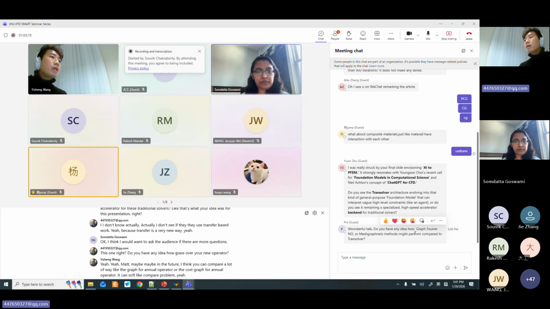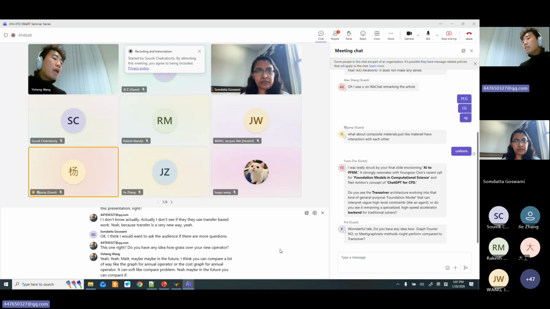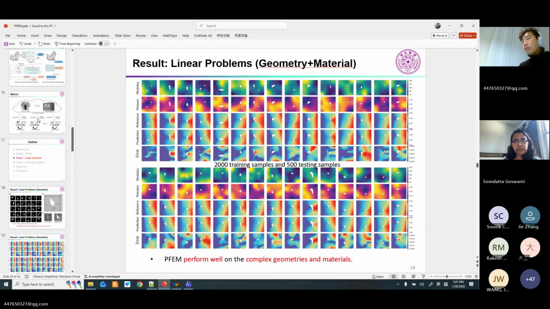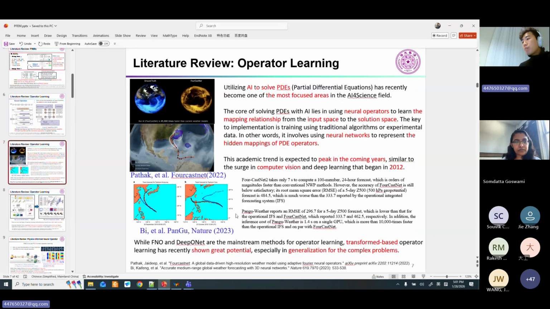But maybe in the future you can compare with Transolver. In this paper, the Pangu model solved a very complex problem, numerical weather prediction. It proved that the transformer-based way is very good compared to FNO or DeepONet when the problem is very complex. Maybe it has good potential to use a transformer-based way.